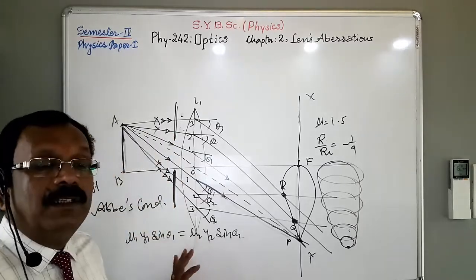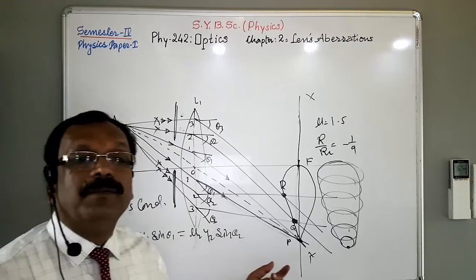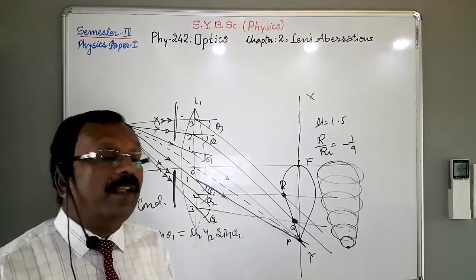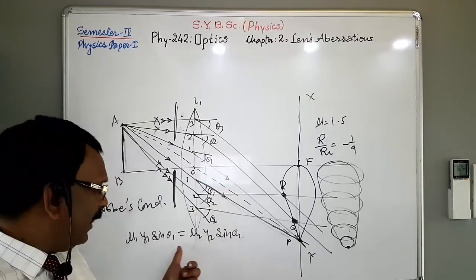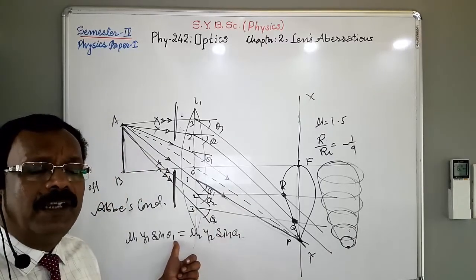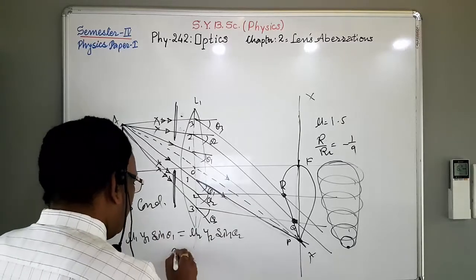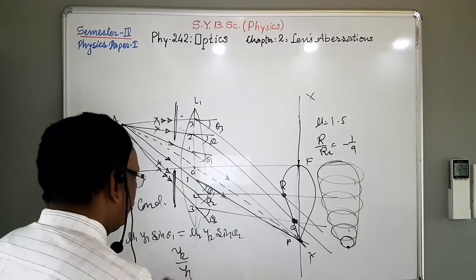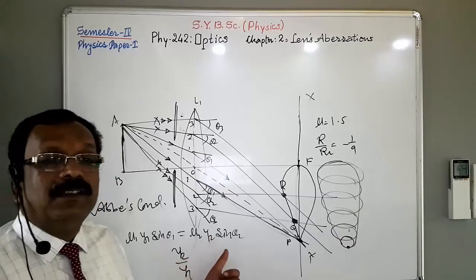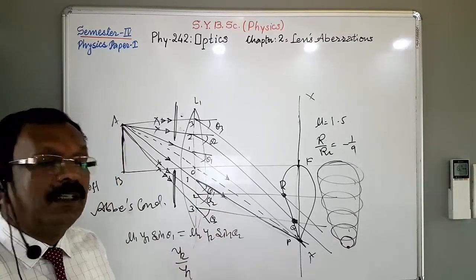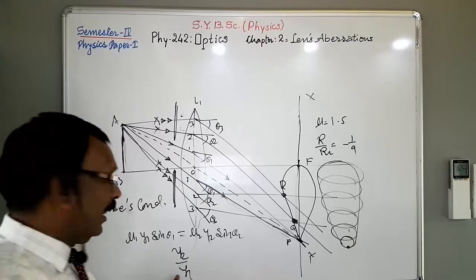If both the terms are balanced, then there is minimum aberration. Or we can say that the lateral magnification of the image is given by y2 upon y1, where y2 is the height of the image and y1 is the height of the object.